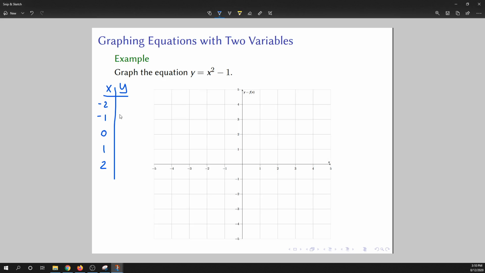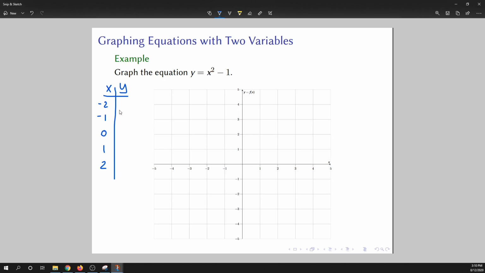Moving forward, really we're not going to be doing this by hand a whole lot like you used to have to do a long time ago. The reason is because these days, we have computers and calculators that can draw these graphs for us. But the most important thing is that you understand the connection between this equation with two variables and the picture that it generates.